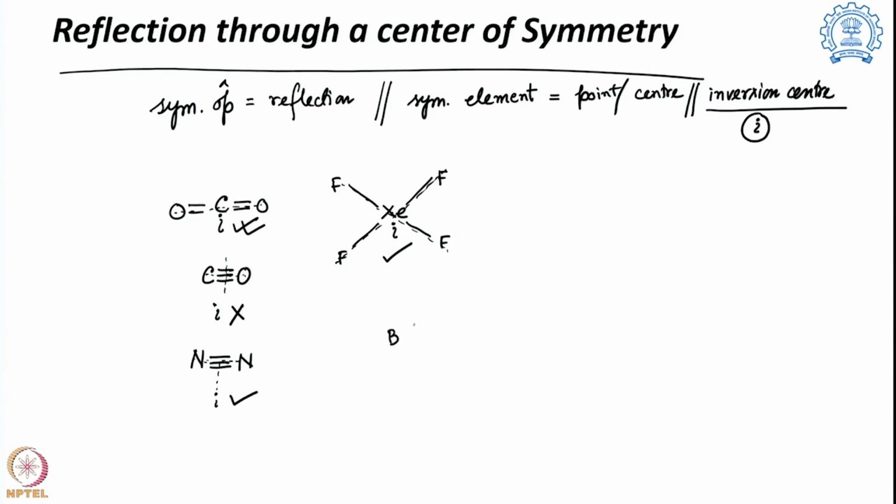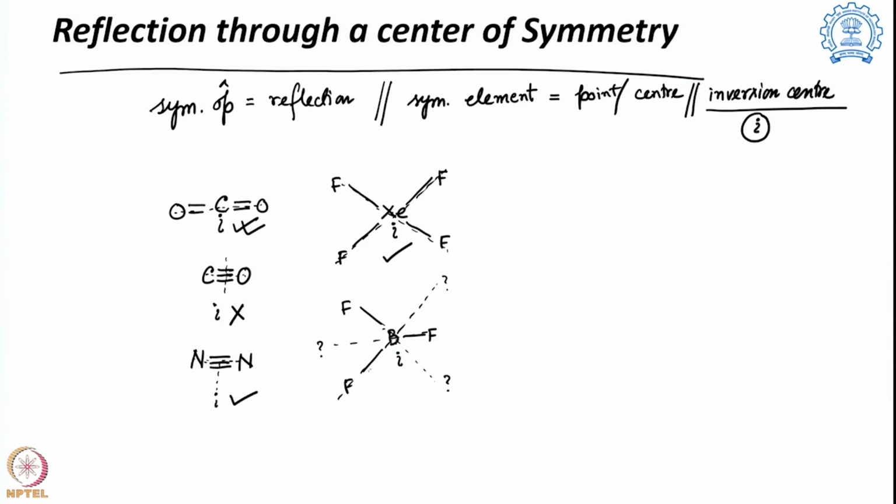Now, if we take BF3, another molecule we have defined so far, if there is a center of symmetry, it has to be on the boron because that is the center of the molecule. If I go through there, in the opposite direction there is nothing. Similarly for all these fluorines, it goes through this imaginary center, but it does not show any other fluorine on the other side.